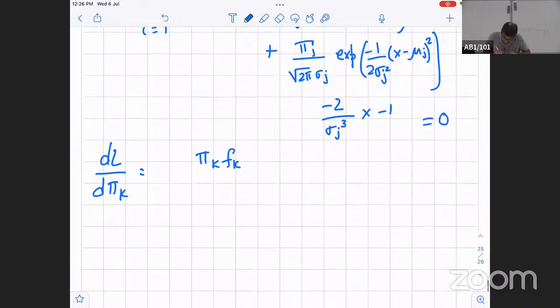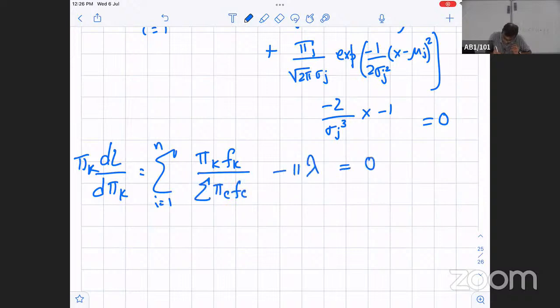So the summation of pi c f c minus lambda pi k equal to 0. Therefore, this is f k of x i given mu k, sigma k. I'm writing this because it's necessary.